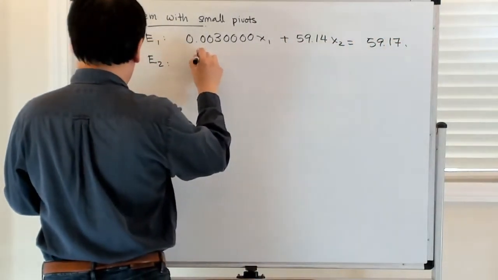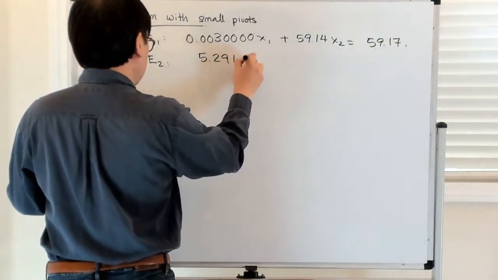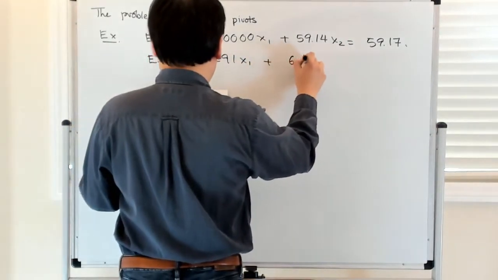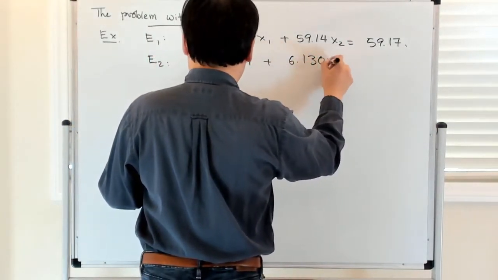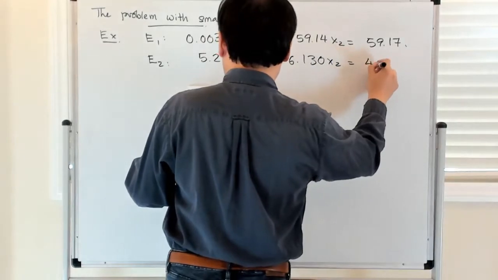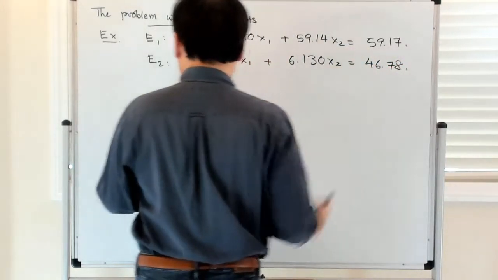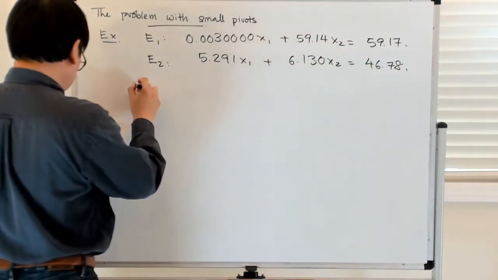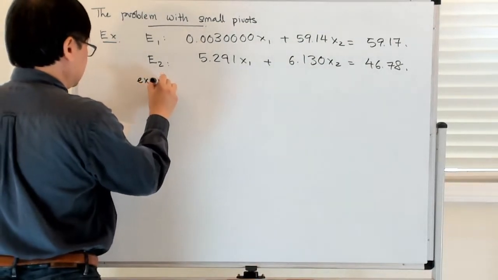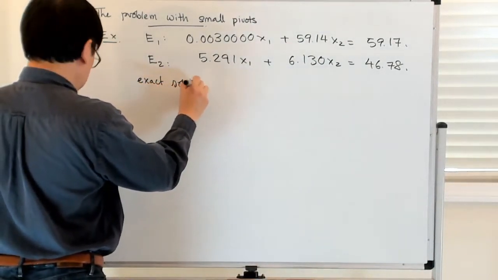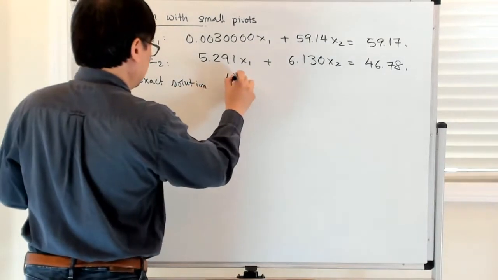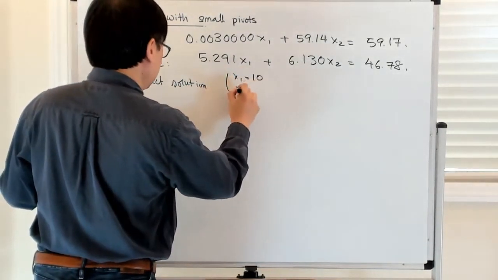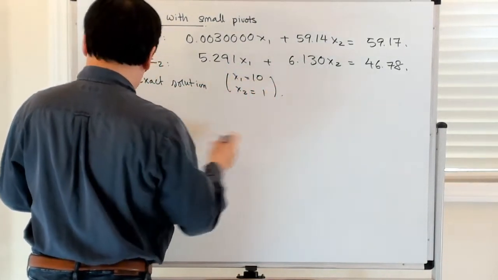And then 5.291 x1 plus 6.130 x2 is equal to 46.78. It's easy to convince yourself that the exact solution is that x1 is equal to 10 and x2 is equal to 1.